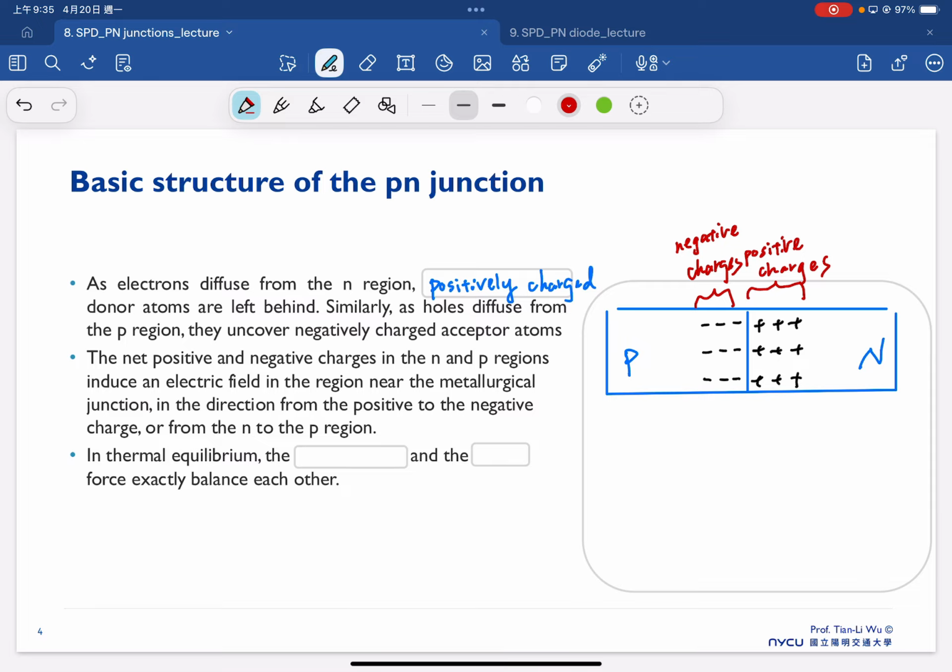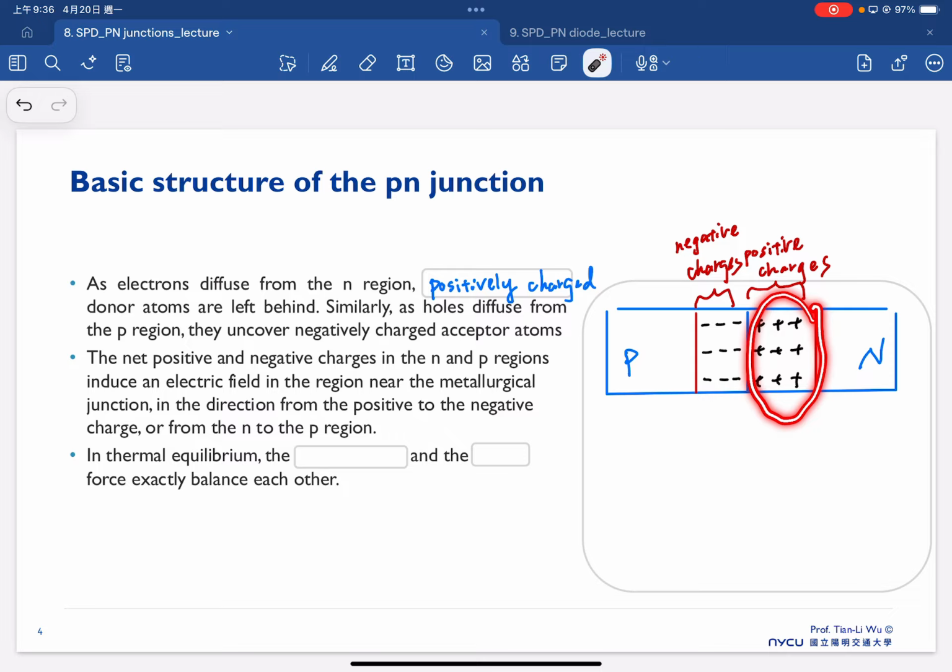And therefore we will see a spatial region that contains both charges. We have a positive charge and a negative charge, and normally we call this the space charge.